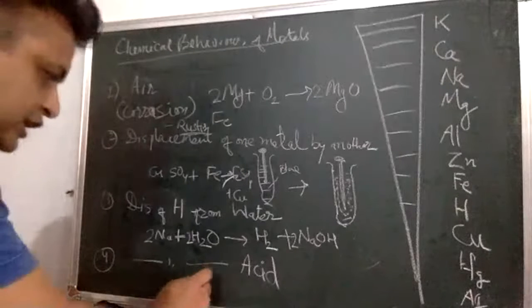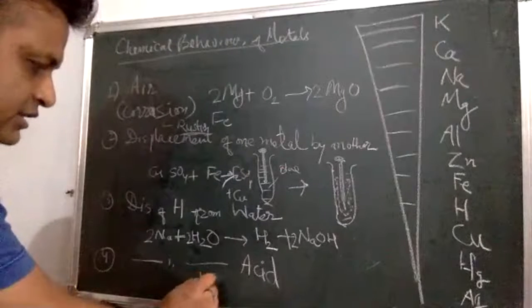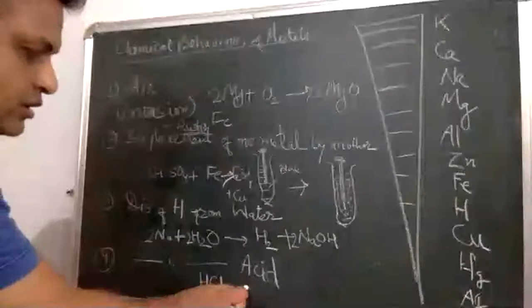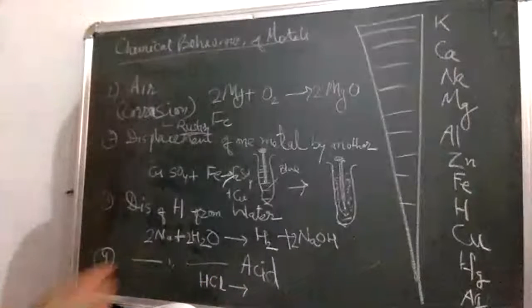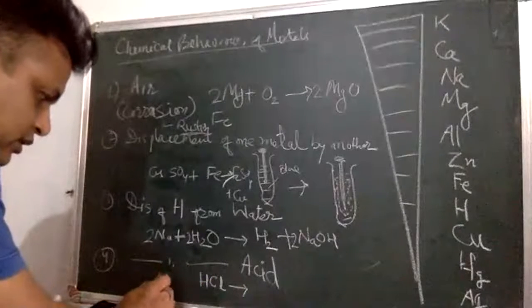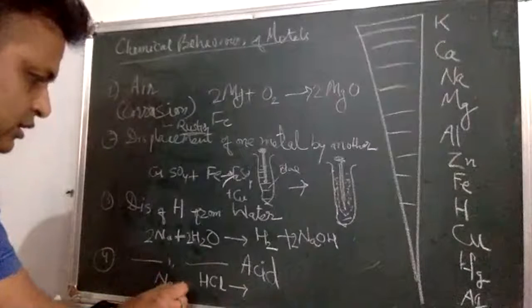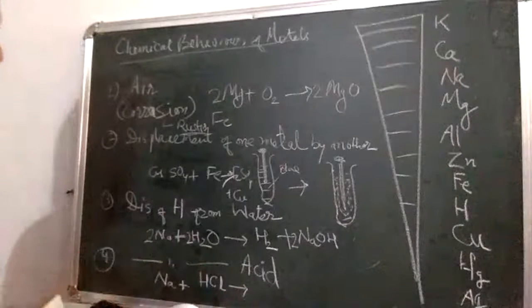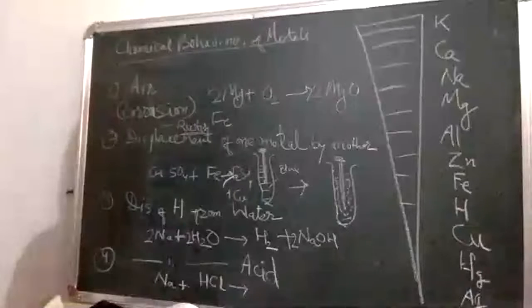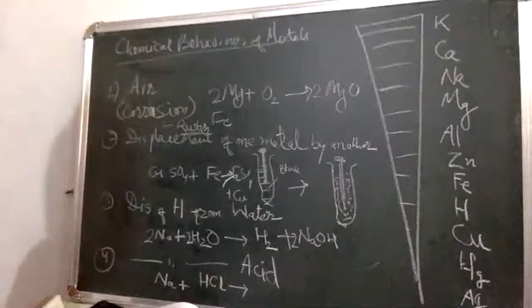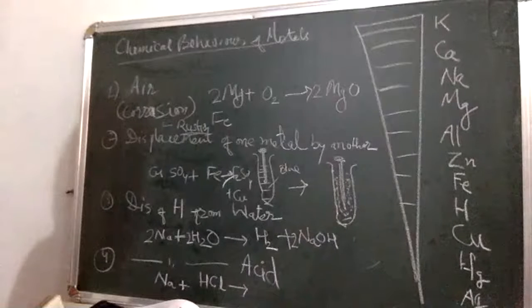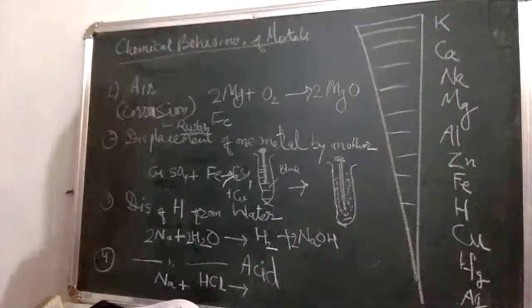Take the example of HCl. HCl is hydrochloric acid, in liquid form. If you remember, we have a lot of hydrochloric acid in our stomach also. That is content of our body.